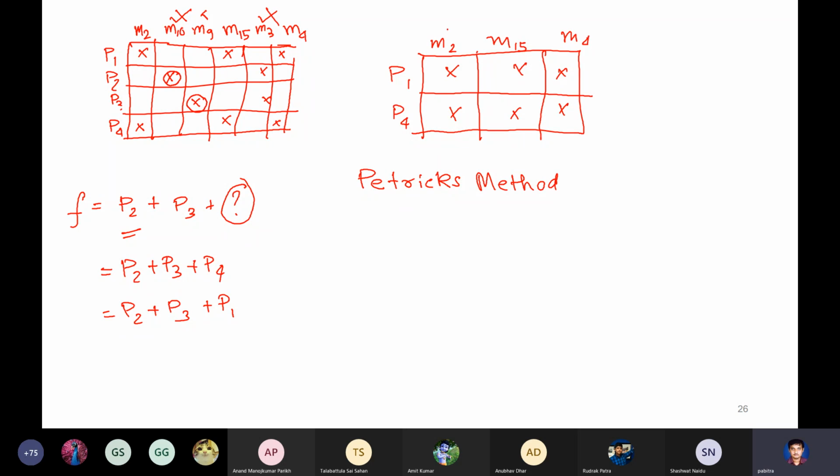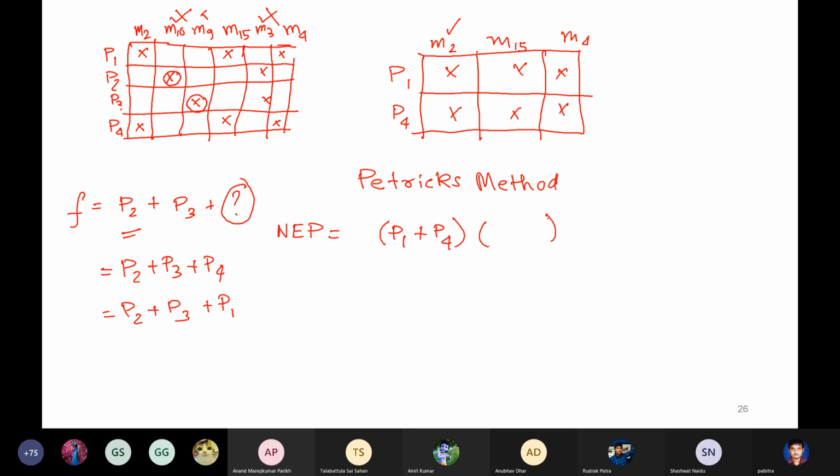So let us look at each column. So it can be covered by either P1 or P4. Column M2, I can cover it by either P1 or P4. So let me write it as non-essential prime implicant. Let's see how I find out them. This is Petrick's method.